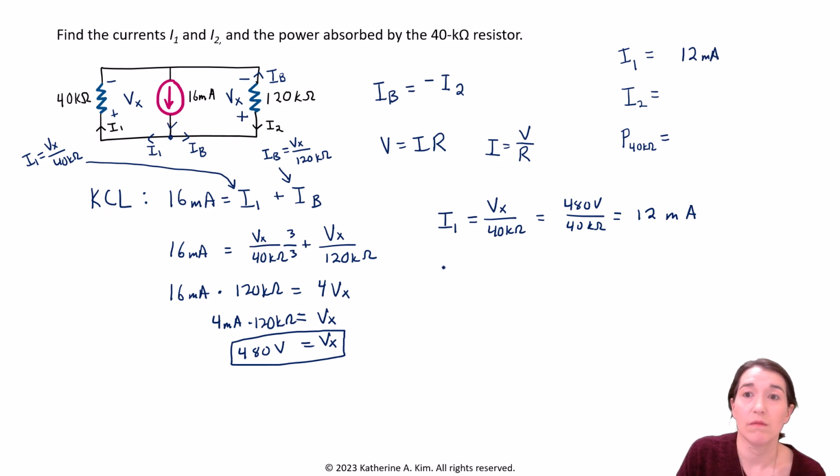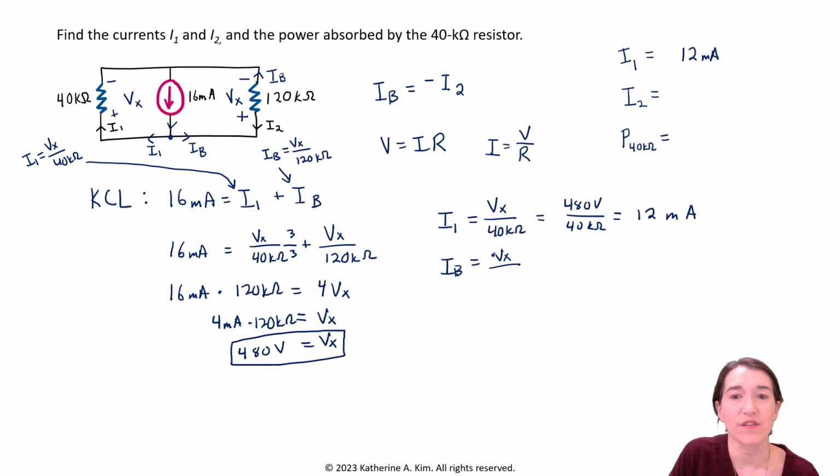Next, we can do IB. IB is Vx over 120 kilo ohms. And so we're going to get 480 volts over 120 kilo ohms.